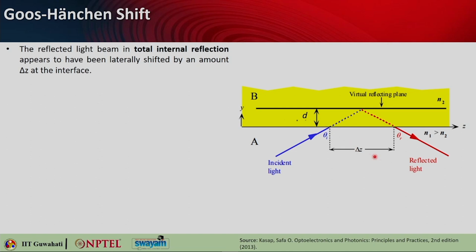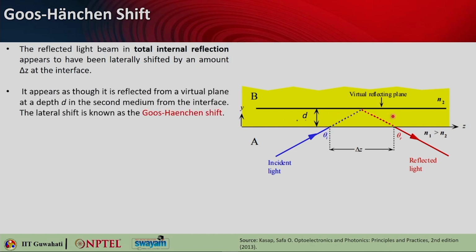It is laterally shifted by some amount called delta z, as if it is getting reflected from a virtual reflecting plane somewhere inside. So it appears that it is reflected from a virtual plane at a depth d in the second medium from the interface, and this lateral shift is known as the Goos-Hänchen shift.